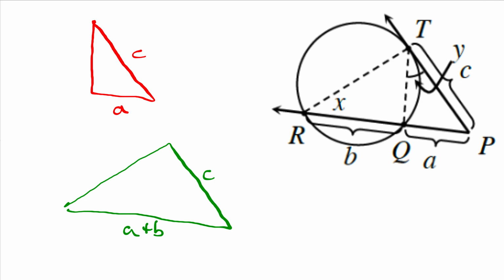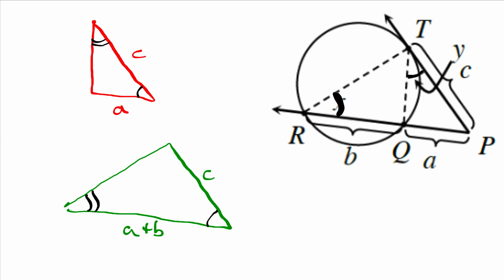The reflexive property happens right here at P. And then from the last section, you know that this inscribed angle right here is the same as this angle right here. So that means this angle is the same as this angle.